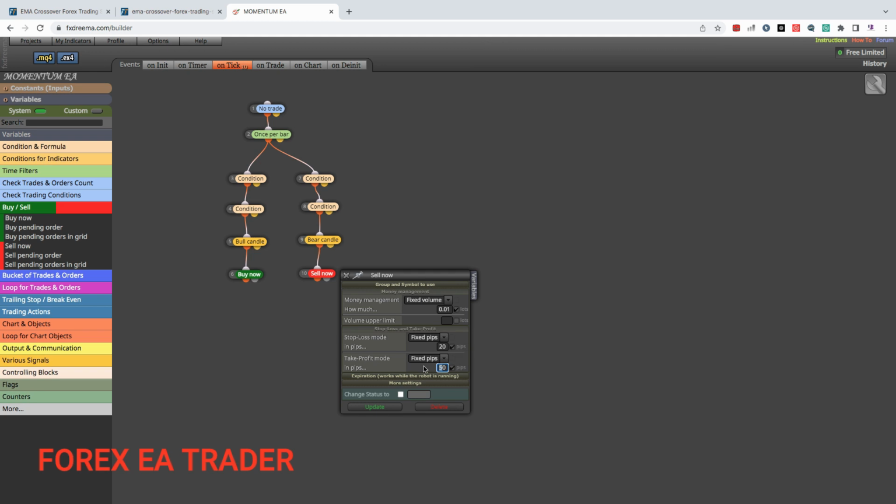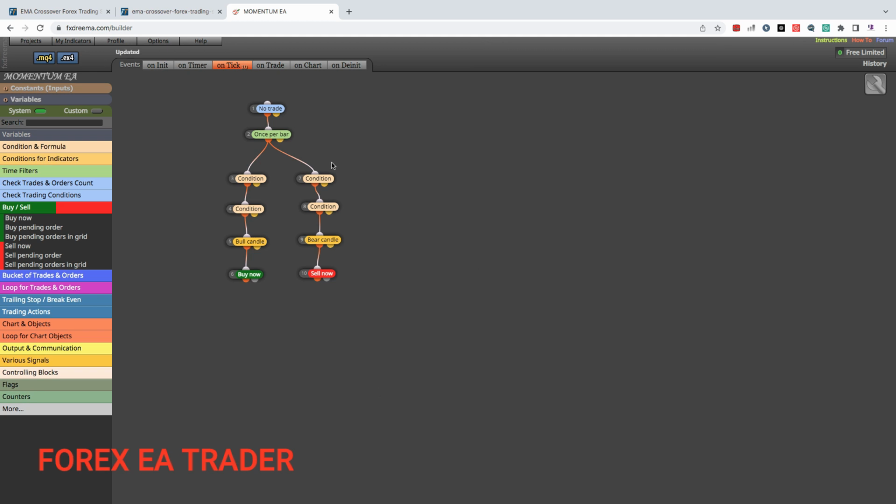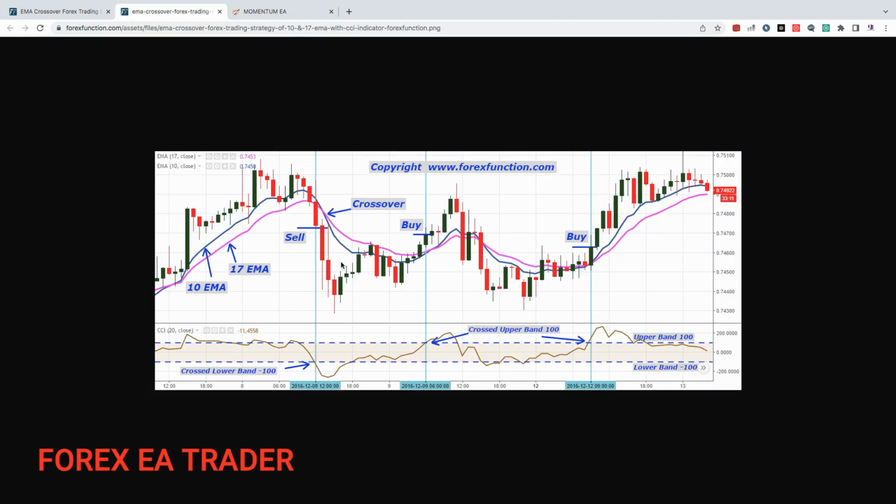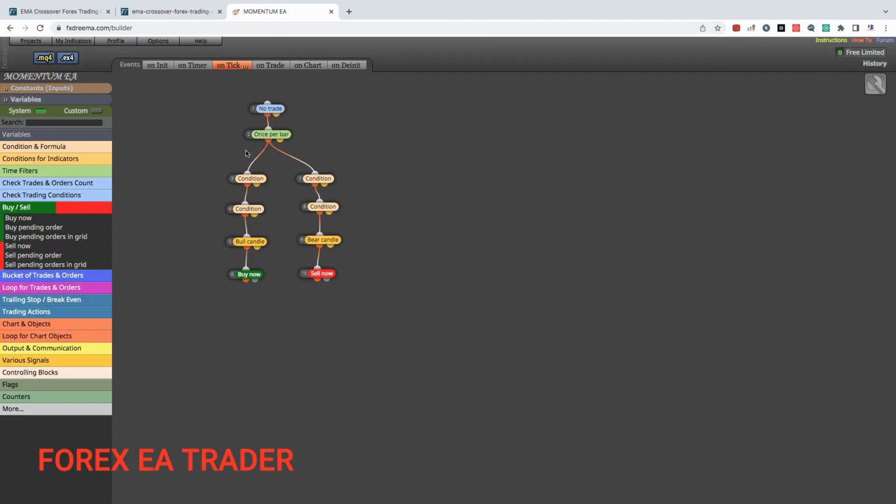Then you should be fine. And we update. That's as easy as that. Basically, we have built the structure for this robot, for this strategy. We have turned this strategy into a basic robot that you should be able to use to trade.